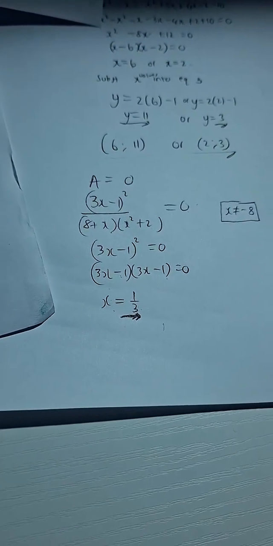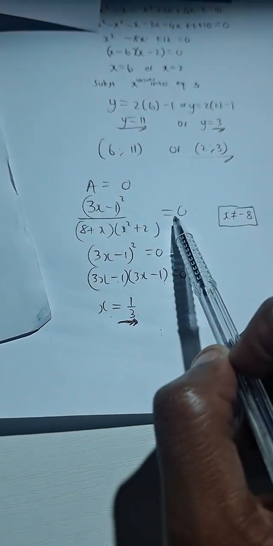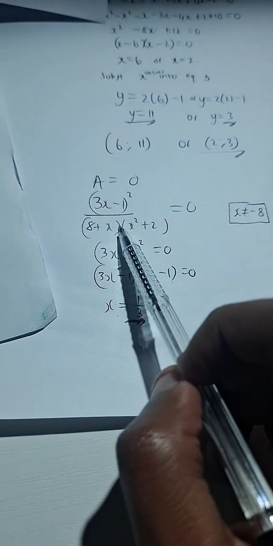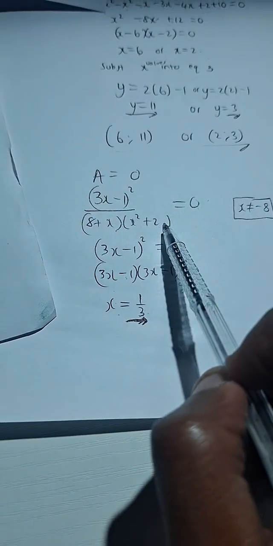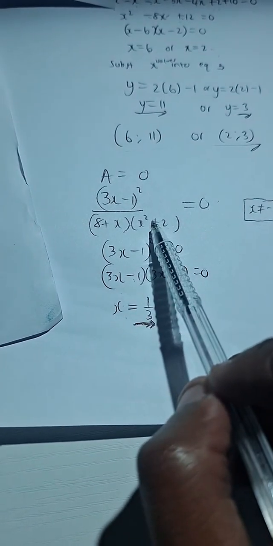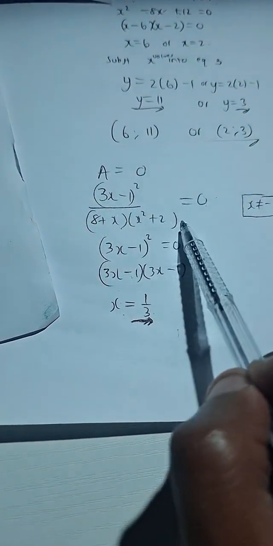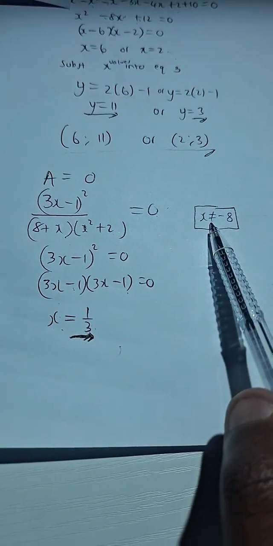Make sense? So in my head, when I look at this equated to 0, I'm first thinking, in the denominator, can I factorize? No, I can't for both fractions. Is there an LCD? Yes, there is. It is 8 plus x into x squared plus 2. The restriction: x cannot be -8.